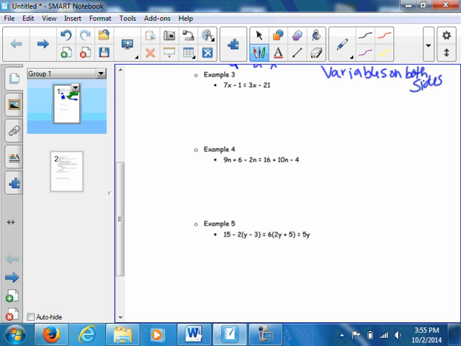You'll notice we have like terms. X has a like term, but it's on the other side of the equal sign. So I need to take this 7x and combine it with this 3x over here. And because they're on opposite sides, I'm going to do the opposite operation.